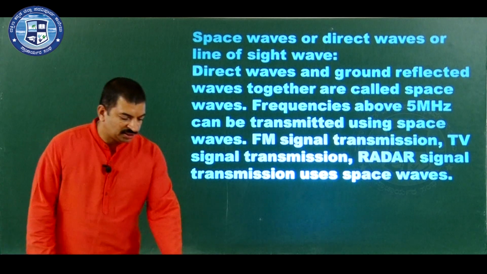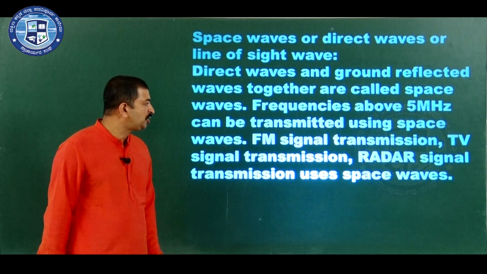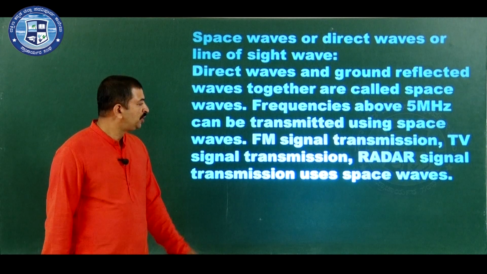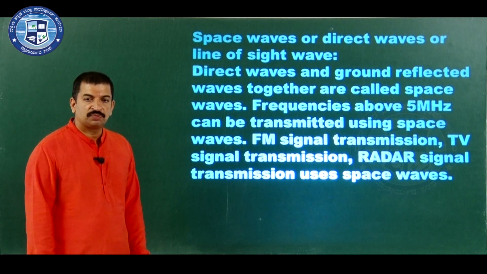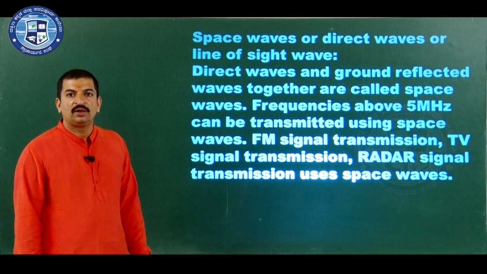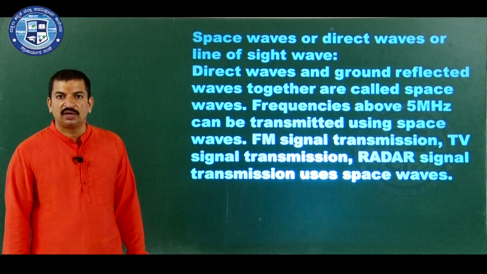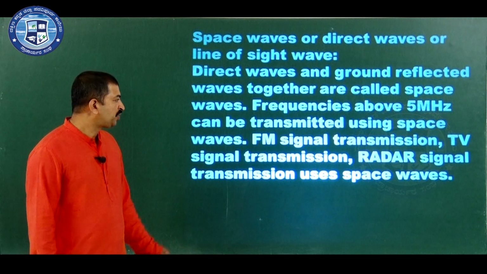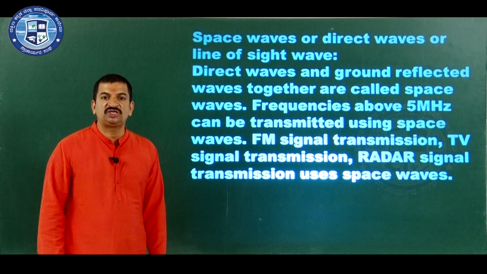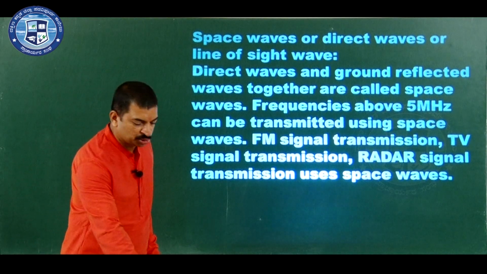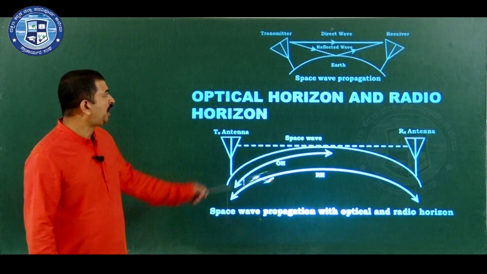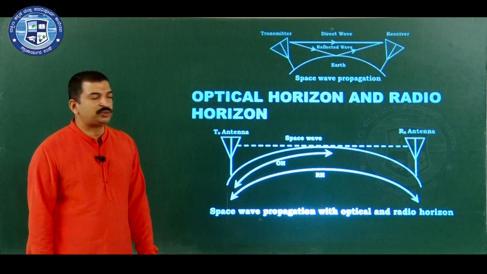Now, let us consider the applications of the space waves. The space waves are used for the transmission of TV signals, FM signals, FM broadcast radios, and radar signal transmissions, etc. Observe the diagram of propagation of space waves.